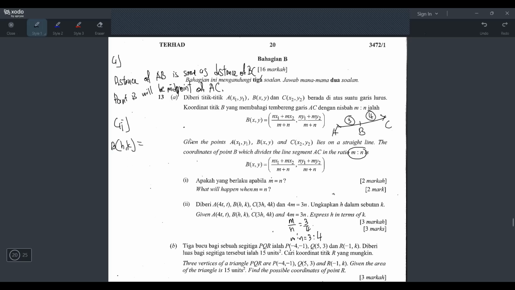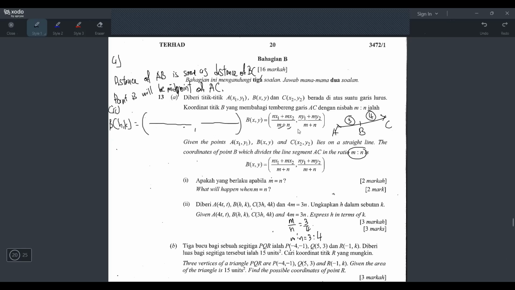So write like this, equals to bracket. Okay, not enough space, let me write a bit higher. So for question number 2, I'll write here: point B, which is (h, k), equals to a fraction like this, and then bracket.